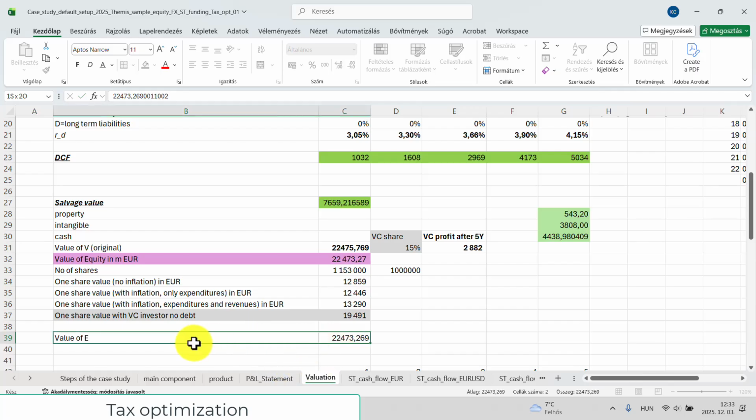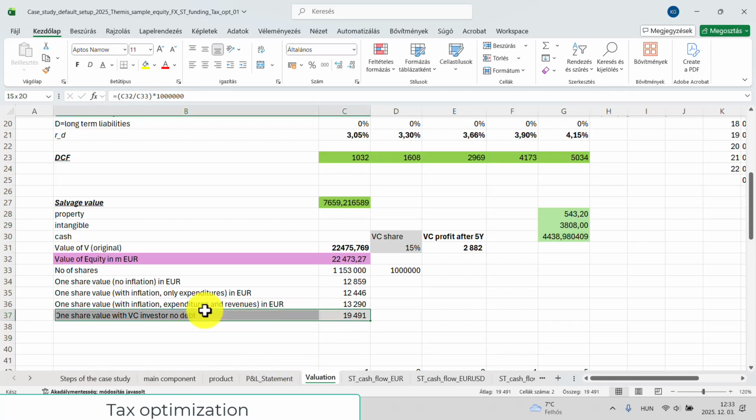Oh, sorry, not the value of equity, this is the share value. So I have to save this one.